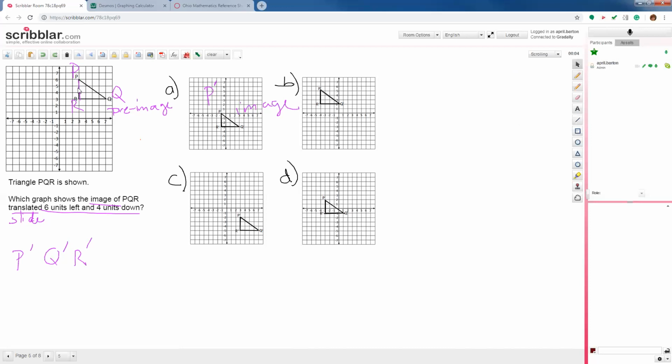You could think about moving this entire line and saying, well, that's 1, 2, 3, 4, 5, 6. And then you can say, well, the next is 4 units down. 1, 2, 3, 4. And that's where my new left line should be. So what's the only shape where the left line matches up to where we got after we counted?